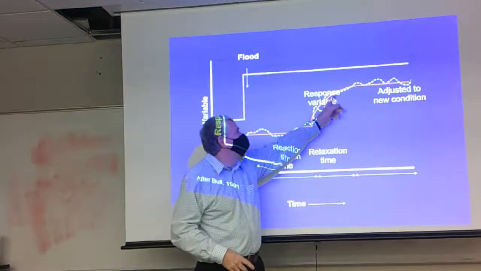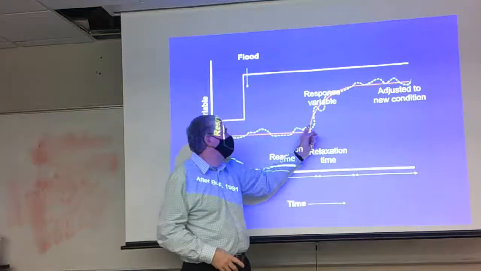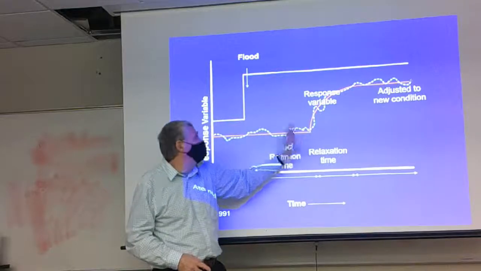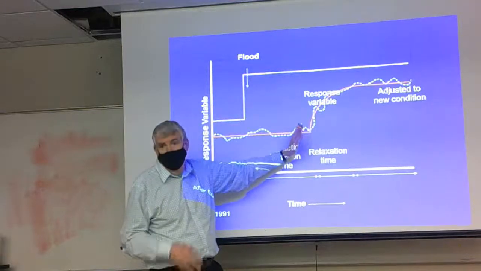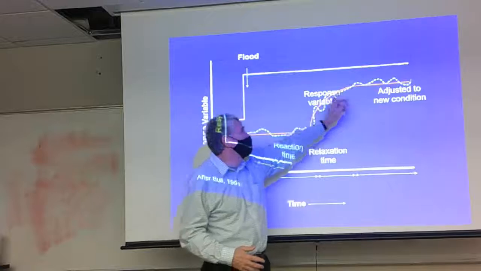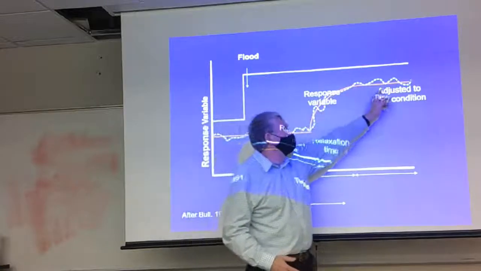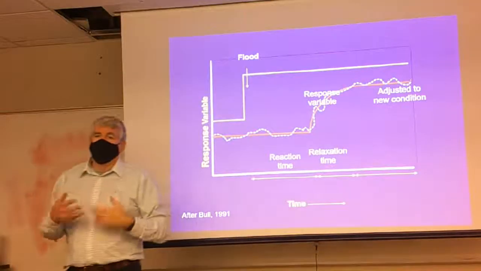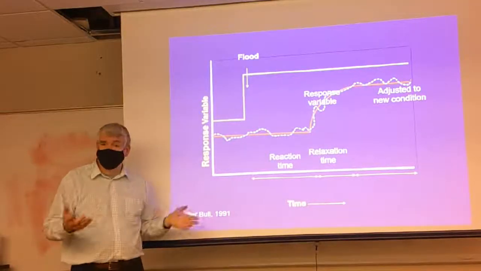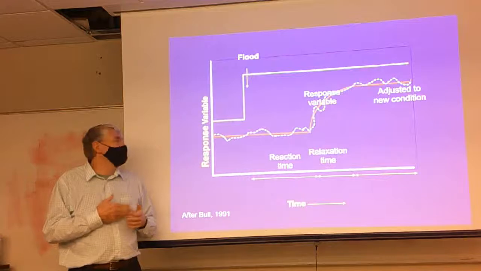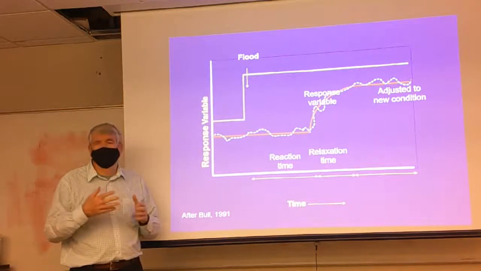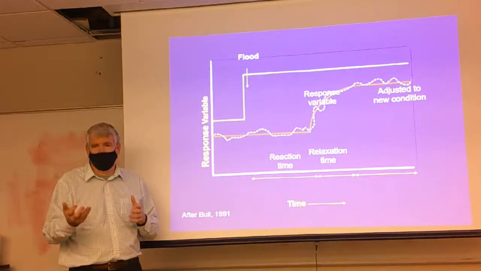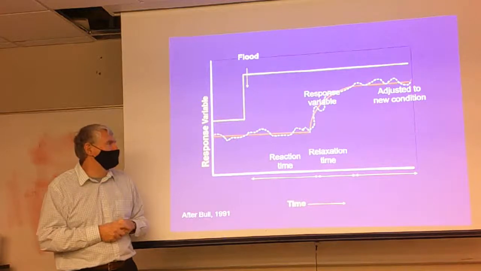Initially there's a bit of a lag time between the event and the actual response, but once it responds, it occurs very quickly, and then slowly comes to a completely new equilibrium state, as long as those floods that did damage are more frequent than the time it takes for it to recover.